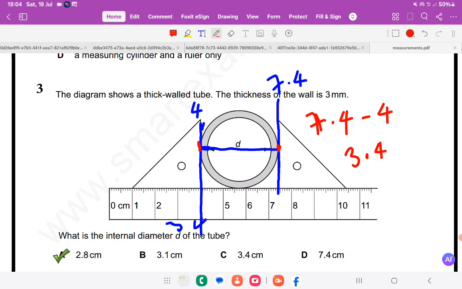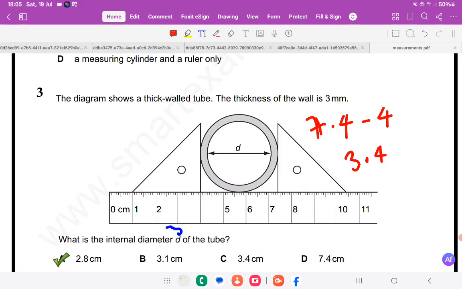But then we are asked to find just D, the internal diameter. So I was saying that in order to find the internal diameter, we take the whole distance from one end, from this end here, from this point to this point, the whole of it, which is 3.4, and then subtract the thickness.